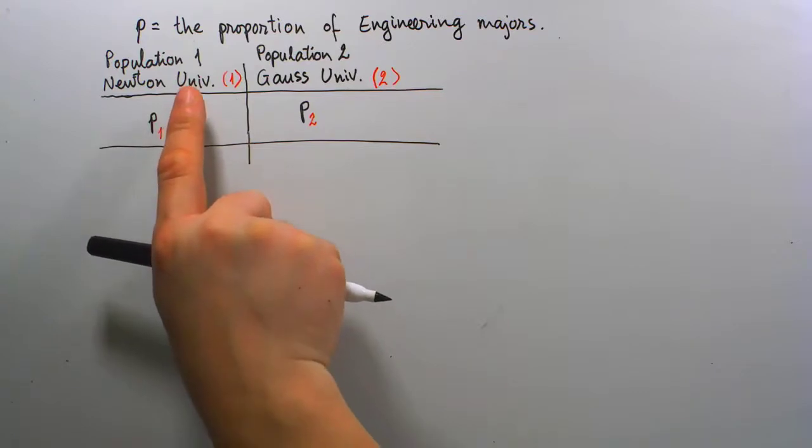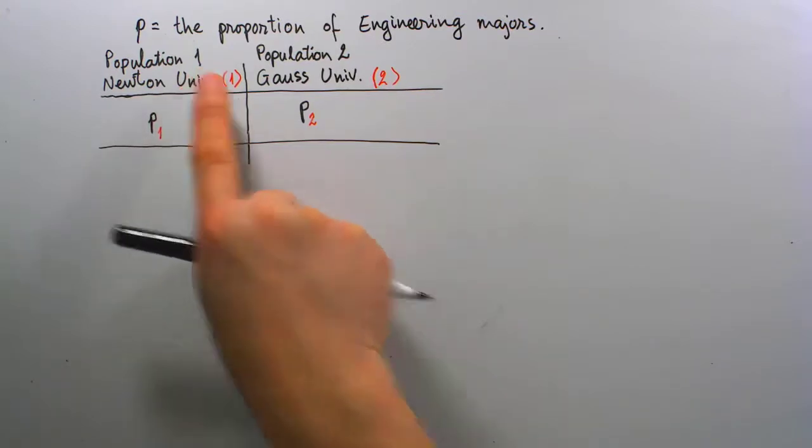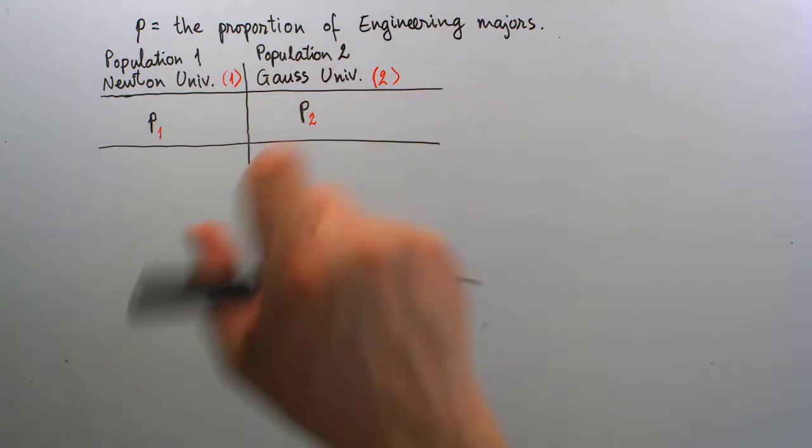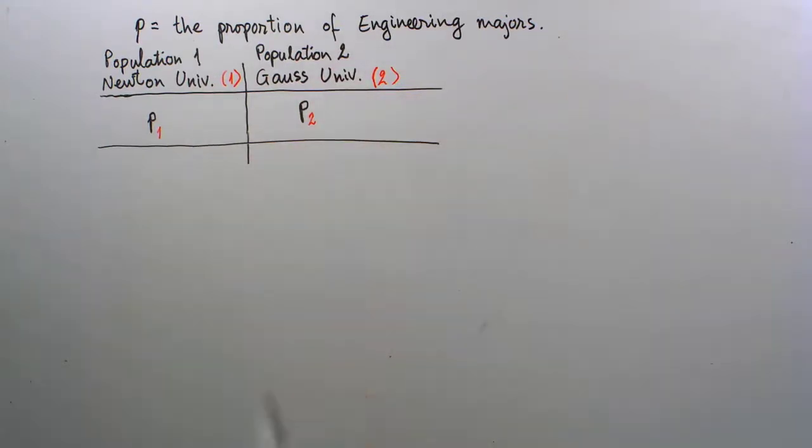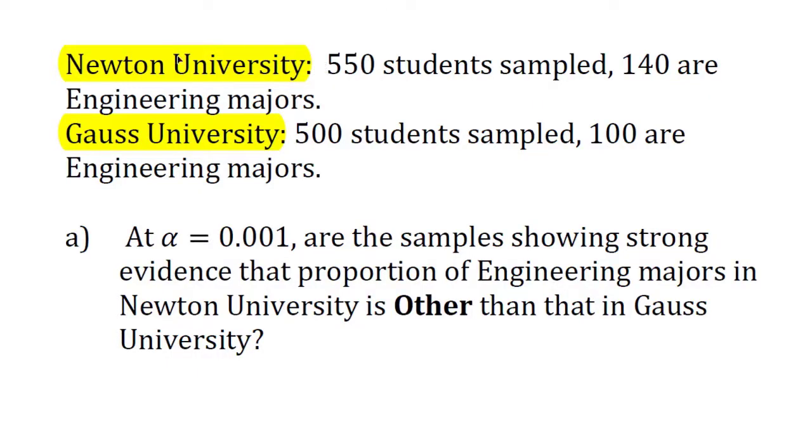Once we have decided for ourselves the numerical labeling on these two populations, then the sample that was selected from Newton University has sample size, as it says clearly here, 550 students sampled. We found 140 of them are engineering majors.